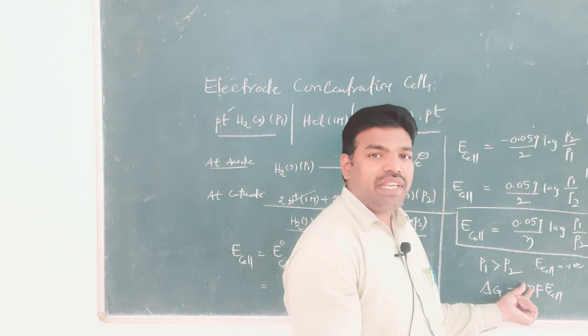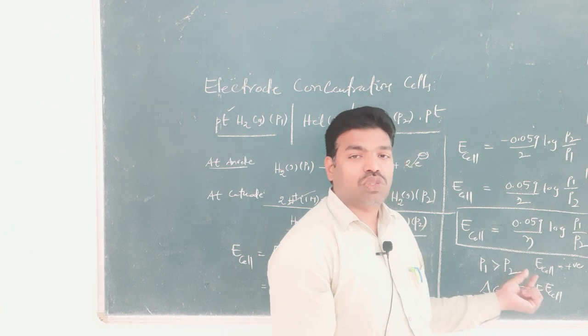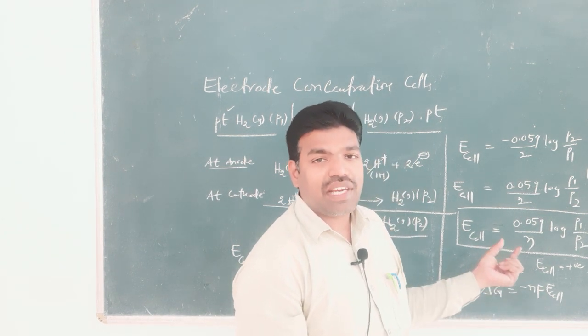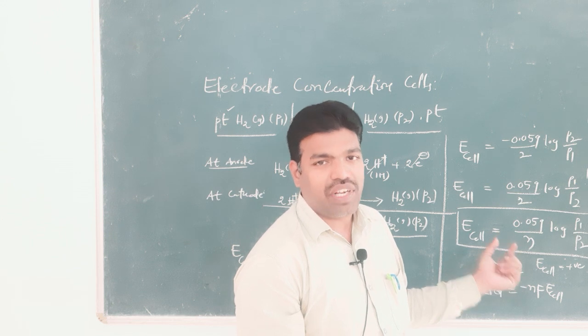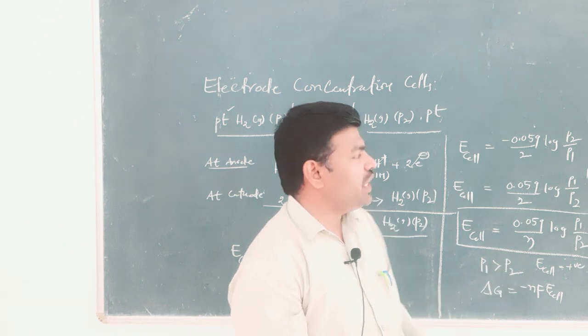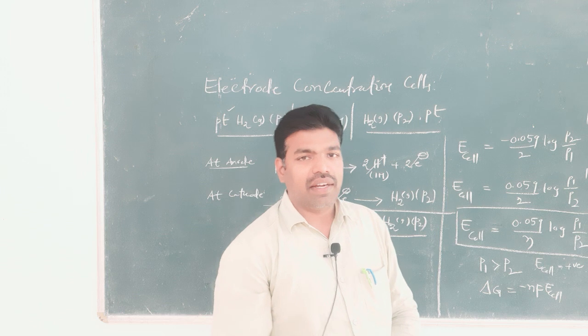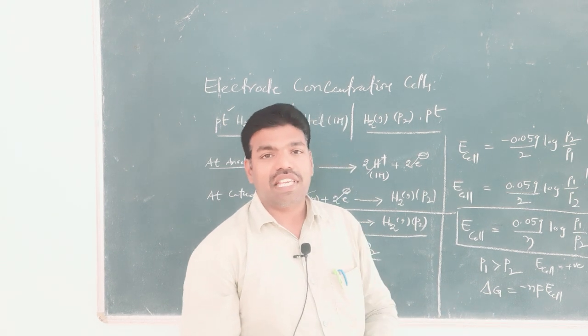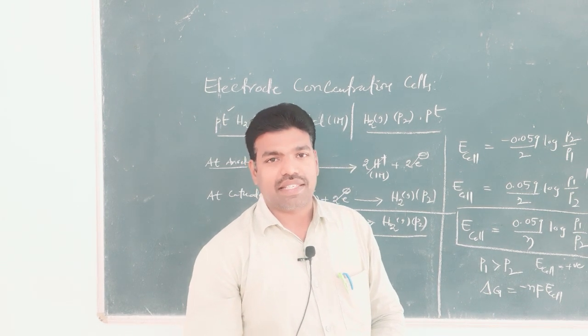Delta G negative means the cell reaction is spontaneous. In this way we can derive an equation for EMF of the electrode concentration cells.